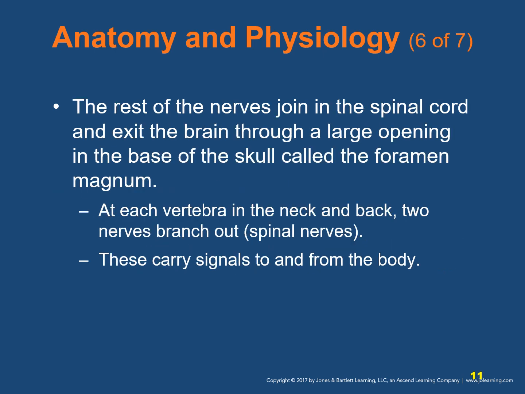The rest of the cranial nerves, other than those for the eyes, ears, nose, and face, join in the spinal cord and exit the brain through a large opening in the base of the skull called the magna foramen, or the foramen magnum. Either way is correct. At each vertebra in the neck and back, 2 nerves branch out. These are called spinal nerves. They send signals to and from the body.